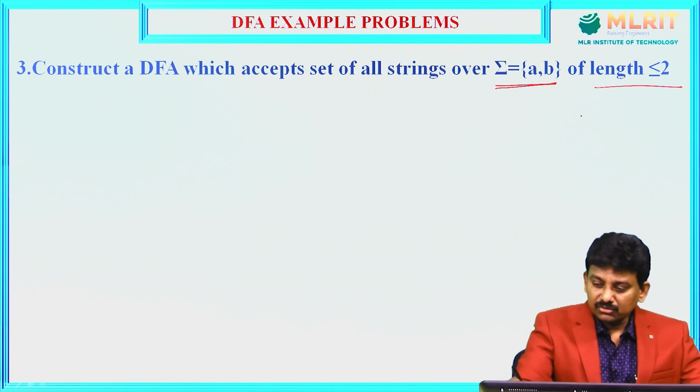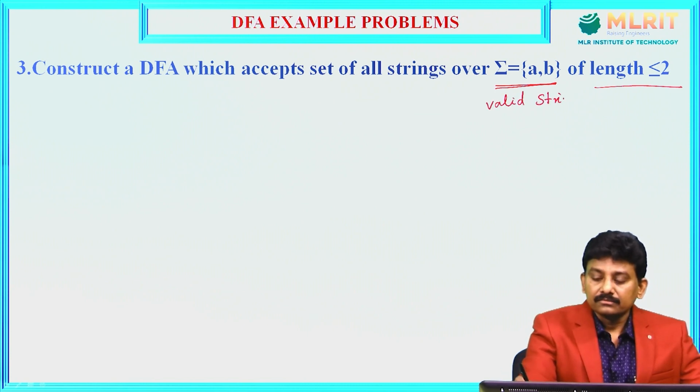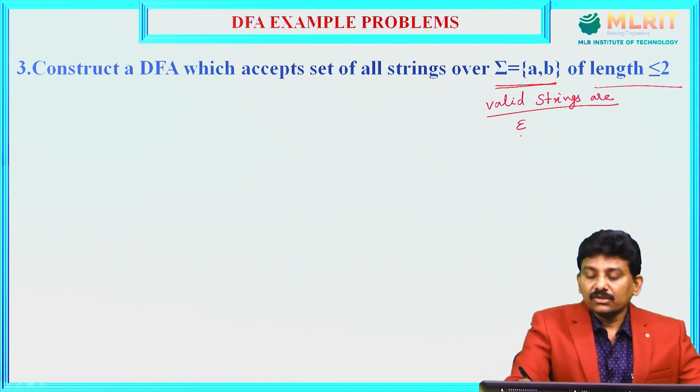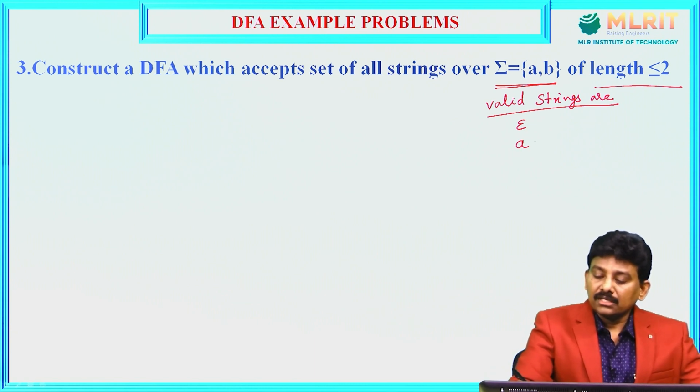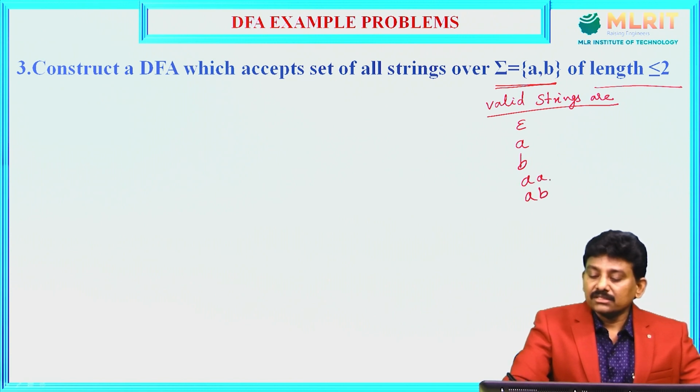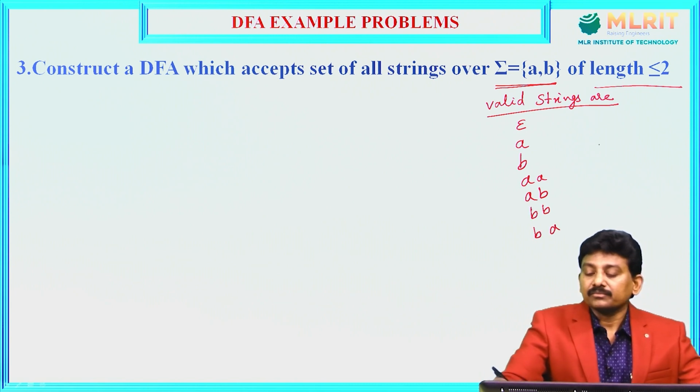Valid strings are epsilon, because zero occurrences of symbols, the empty string, is less than or equal to 2, and A is valid, B is valid, AA is valid, AB is valid because the length is 2, which is also valid, BB is valid, BA is valid, like that.